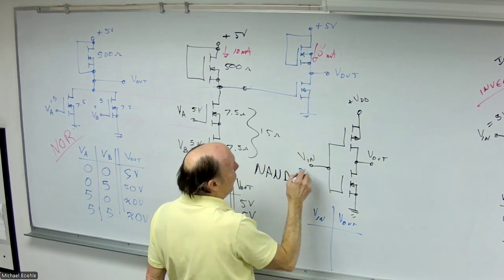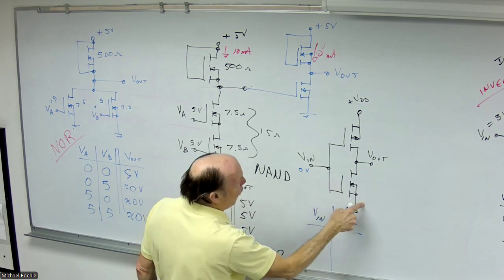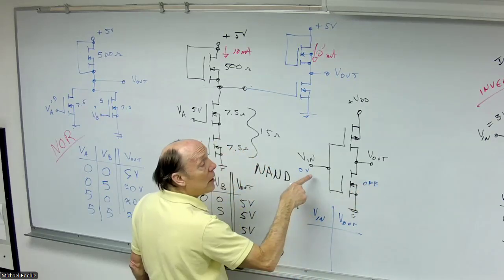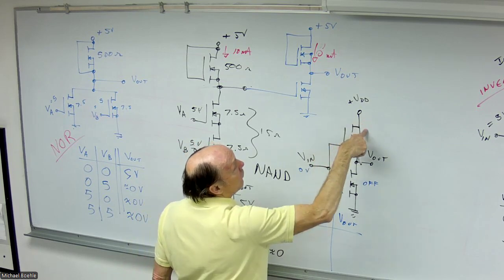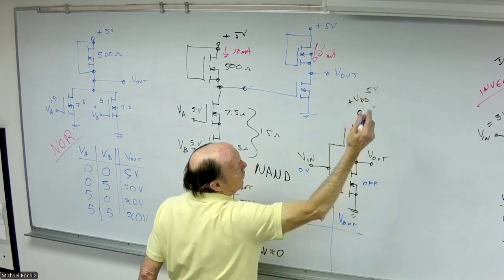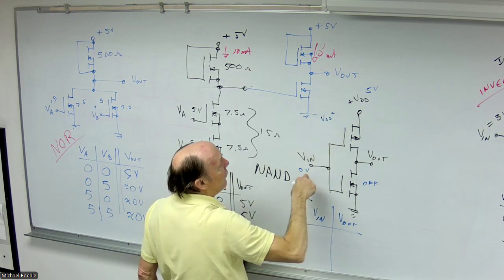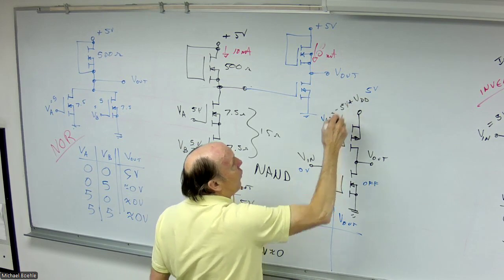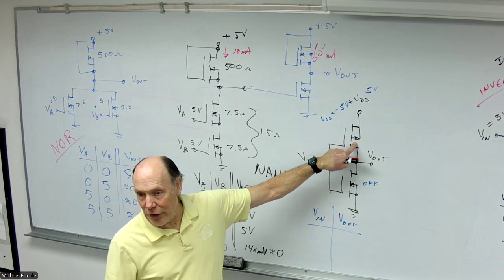So when this is 0 volts, the gate to source voltage here is 0. This transistor is off. But here, 0 here on the gate, the source is 5 volts, just to use that example. So the gate source voltage up here is 0 minus 5, negative 5 volts, which for a P channel turns it on.